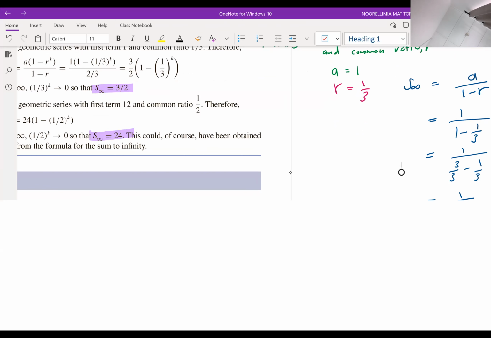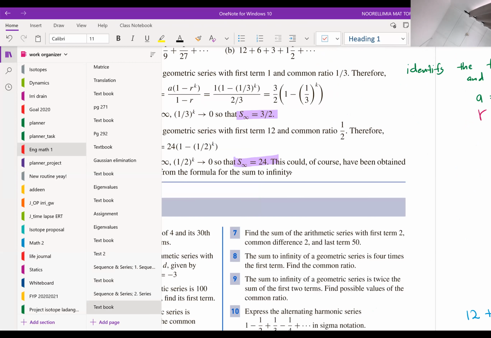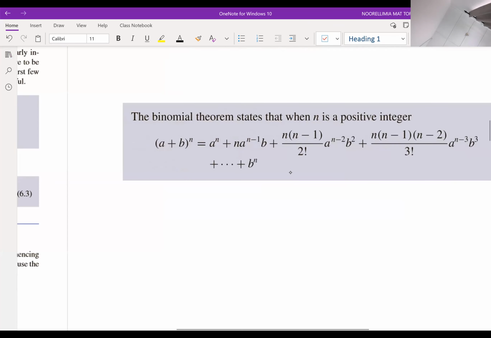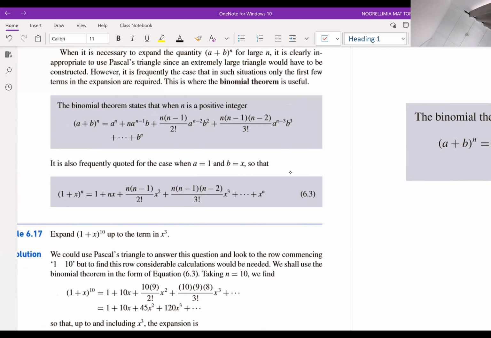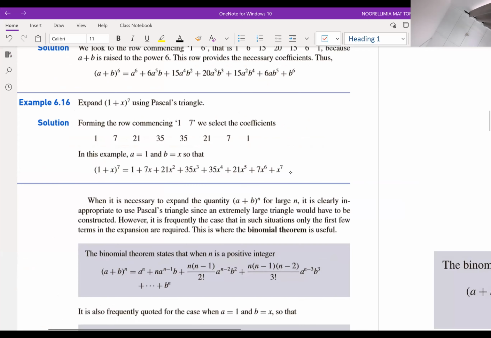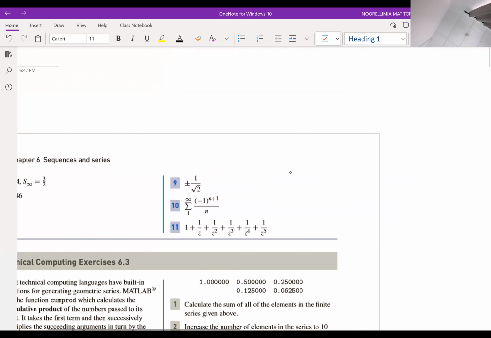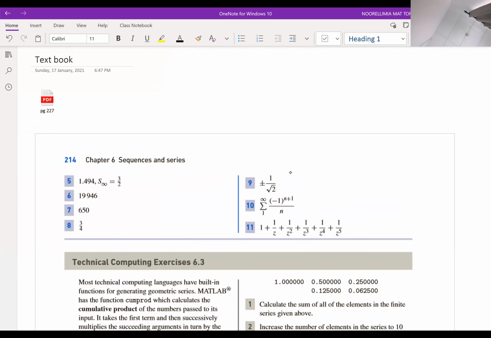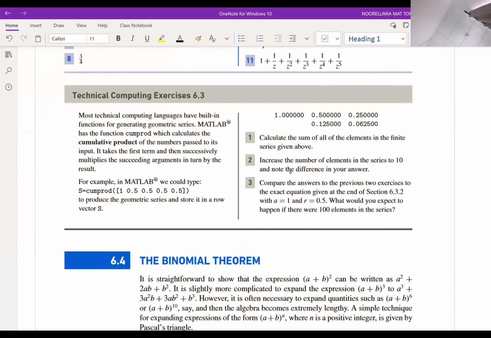Okay, and then next, we are going to the subtopic of binomial theorem. So now into binomial theorem.